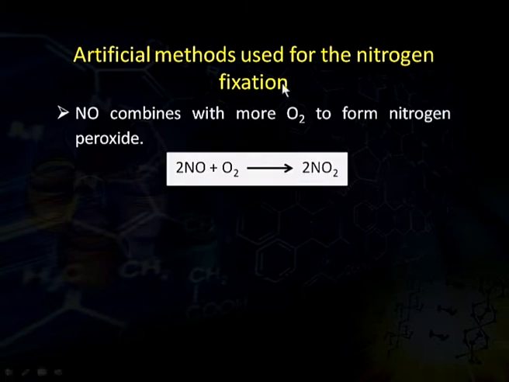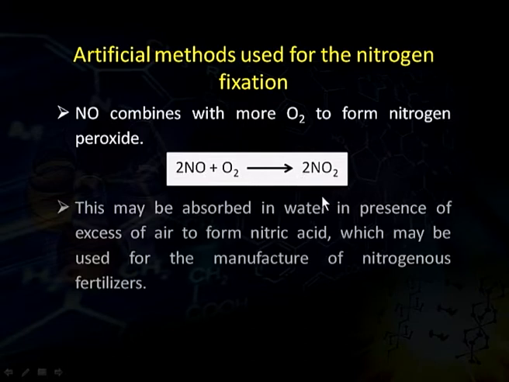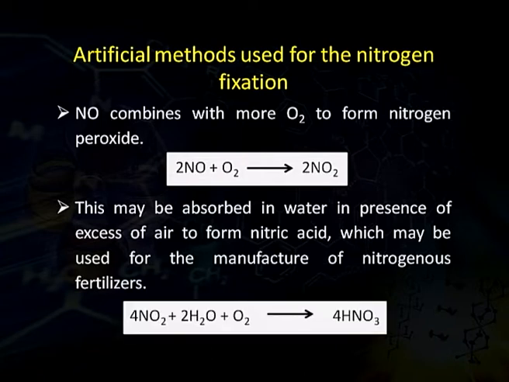So, NO, nitric oxide, combines with oxygen to form NO2, that is nitrogen peroxide. This may be absorbed in water in the presence of excess air to form nitric acid, which may be used for the manufacture of nitrogenous fertilizers. Nitrogen peroxide combines with water and oxygen and forms nitric acid.